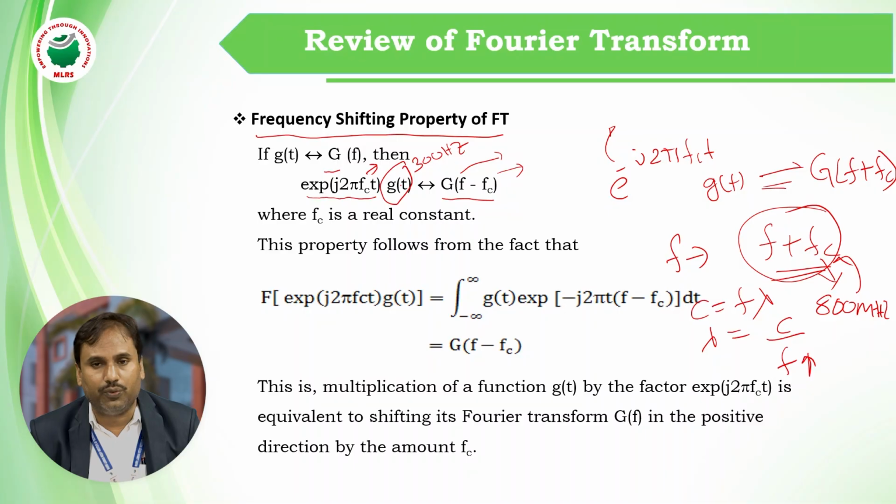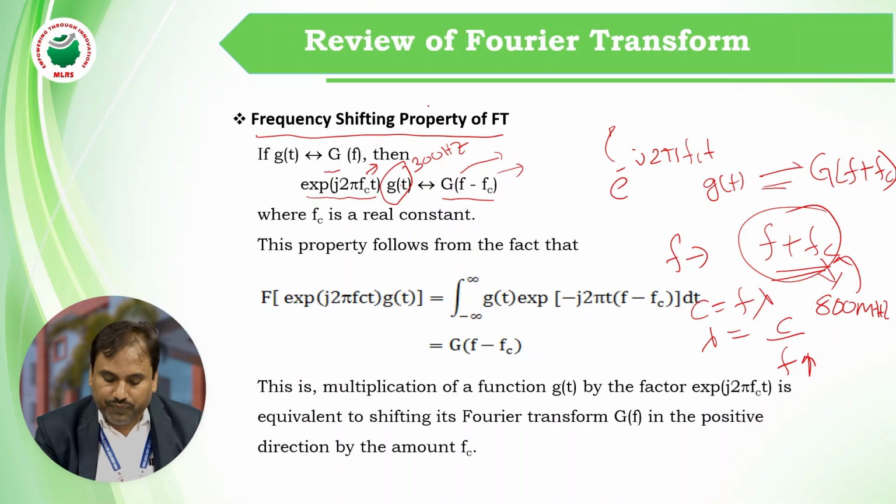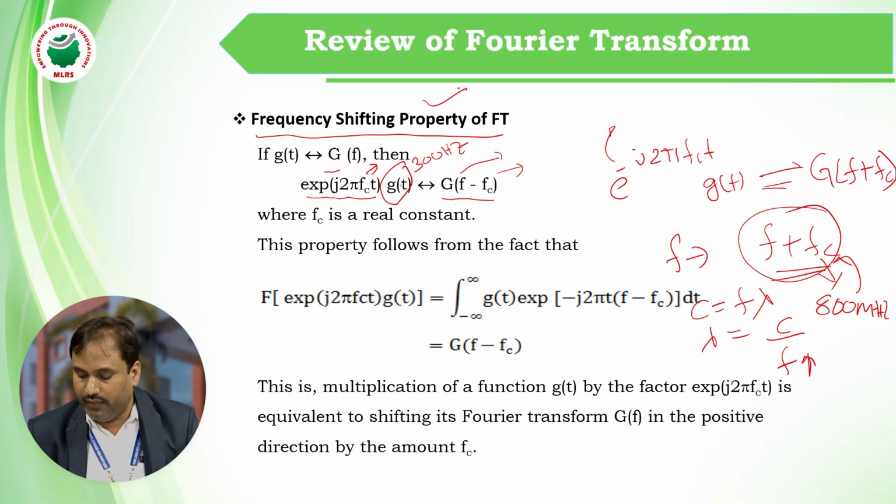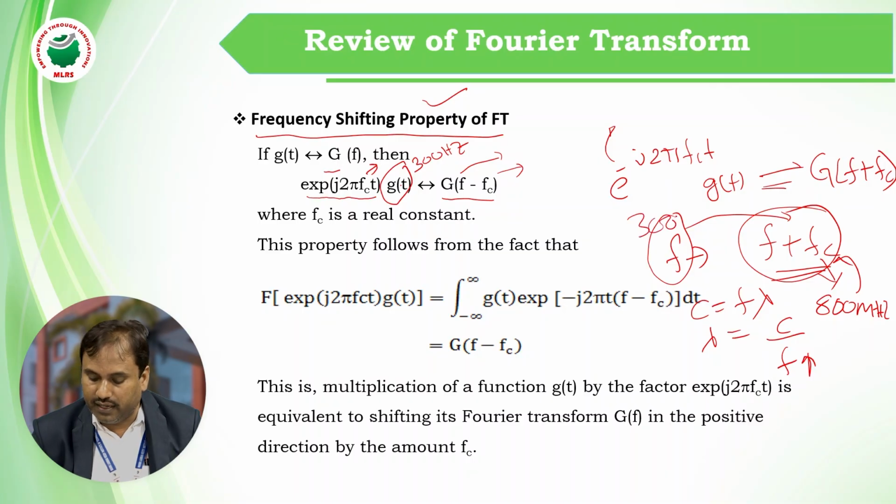Our aim now is to reduce the physical dimensions of the antenna. Using this frequency shifting property, I am able to increase the original frequency, 300 hertz, to f plus fc, that is 800 megahertz plus 300.